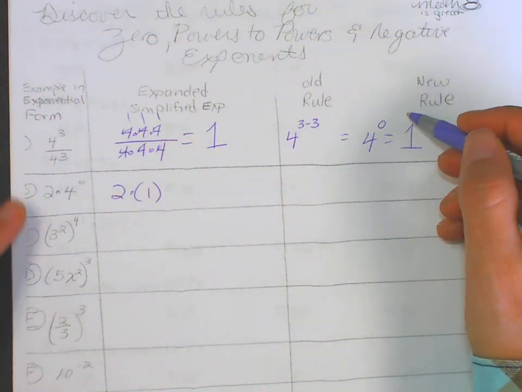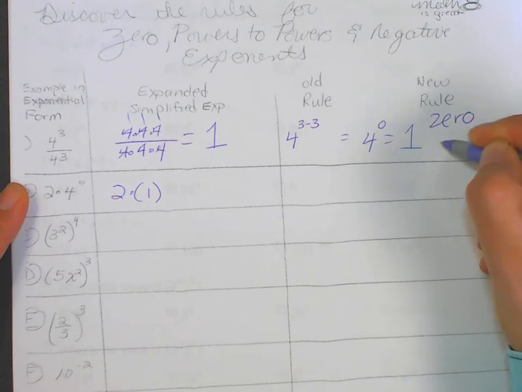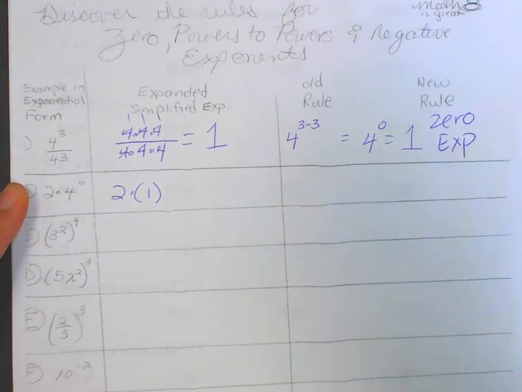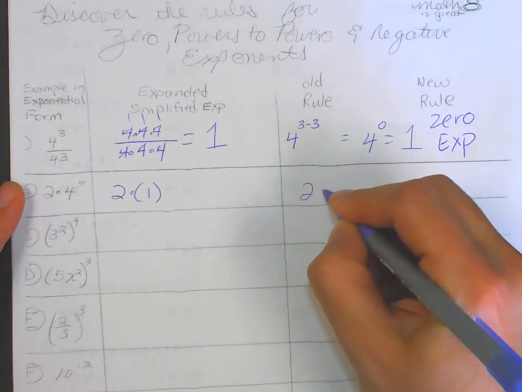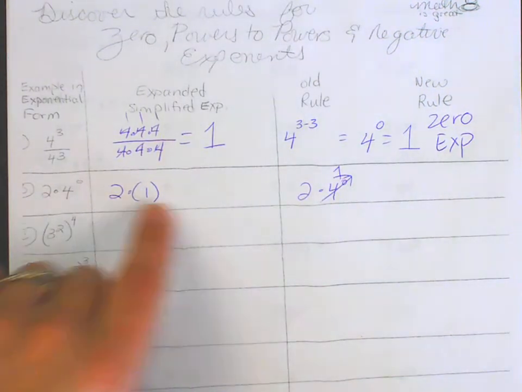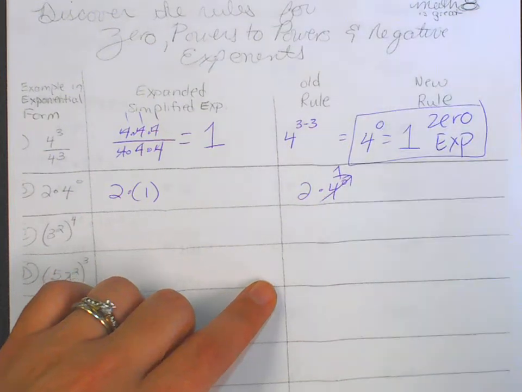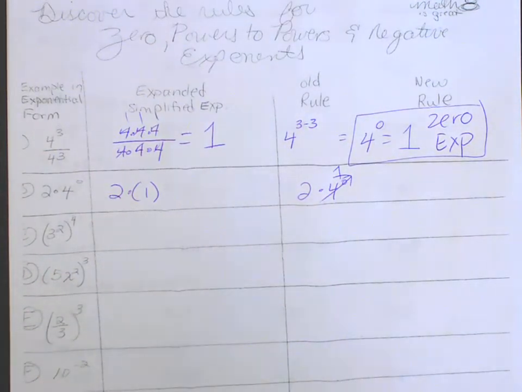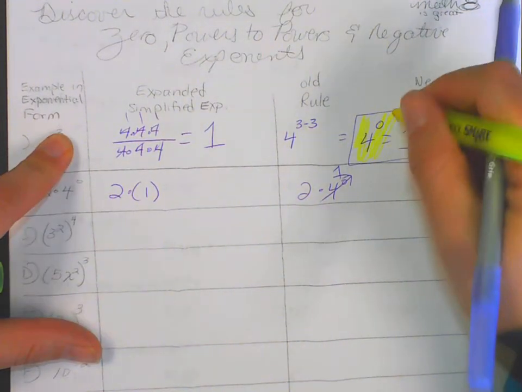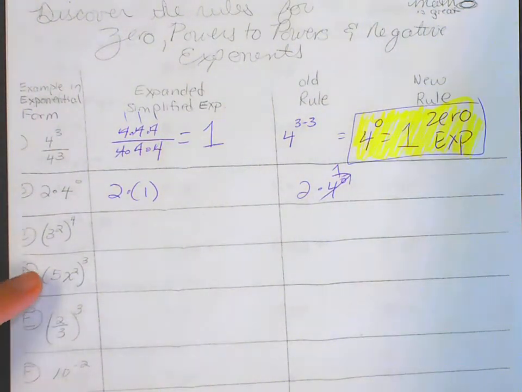This is the new rule. This is my 0 exponent rule. This is 1. This had nothing to do with it, so we just copied it over. So I'm going to highlight this, which is super easy when you're using Cami. If I have a 0 exponent, I get 1.